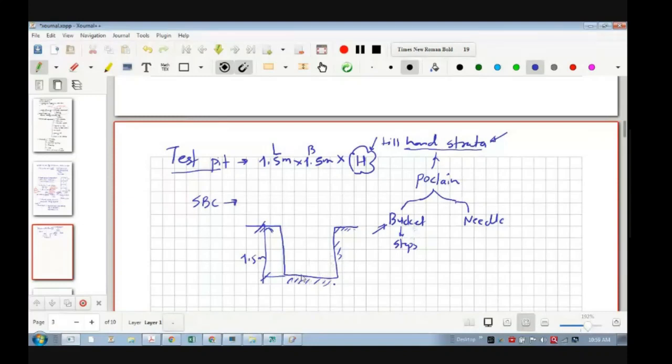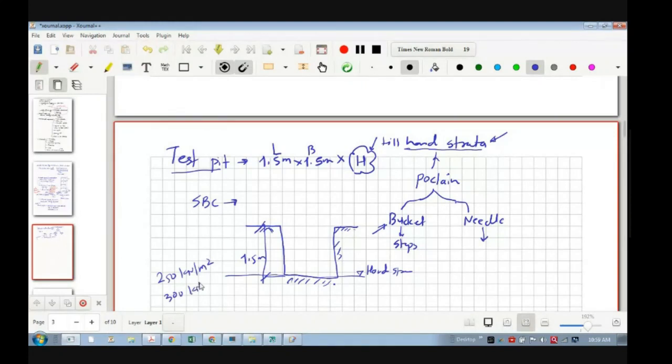You cannot excavate this because this is hard. There may be rock or hard murum here, and you cannot excavate through the bucket. You need a needle to drill it first, and after drilling you again require the bucket to dispose of that material. That means whenever the bucket stops, you can stop. That is the indication of hard strata. Okay. Practical, we can say, judgment. And then you can take decisions of roughly 250 to 300 kilonewton.